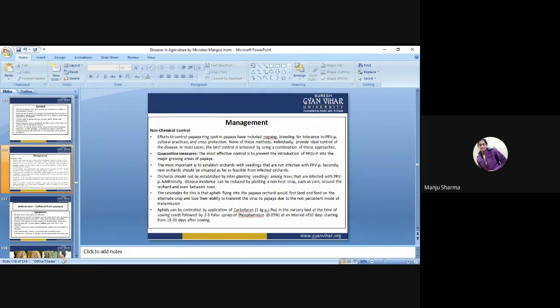Now, quarantine measures. The most effective control is to prevent the introduction of PRSV-P into the major growing areas of papaya.